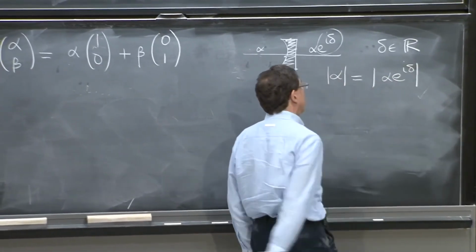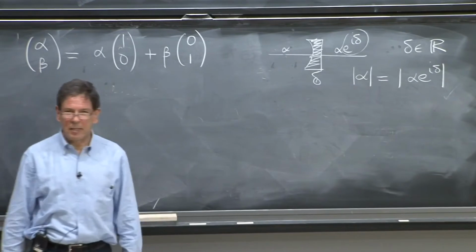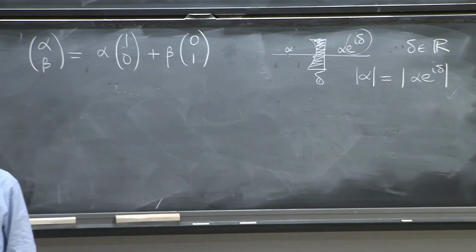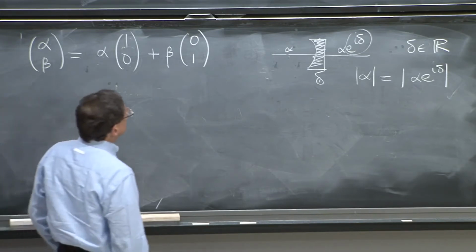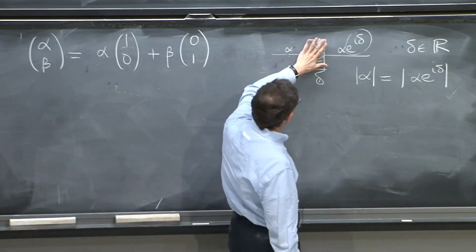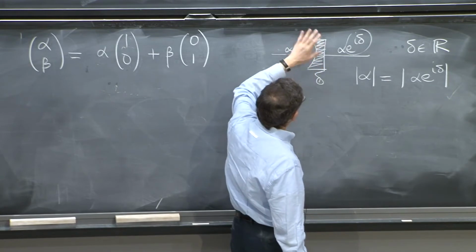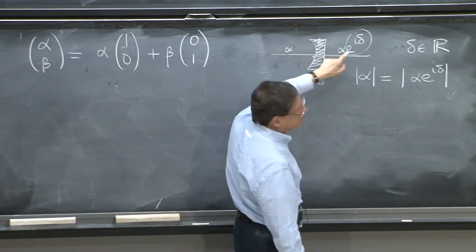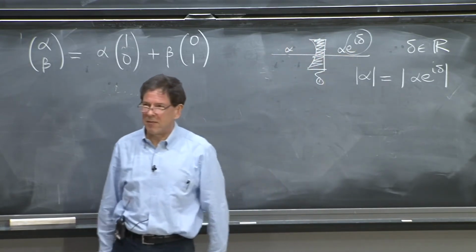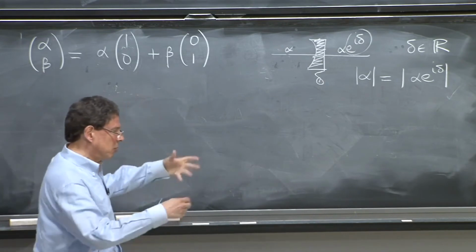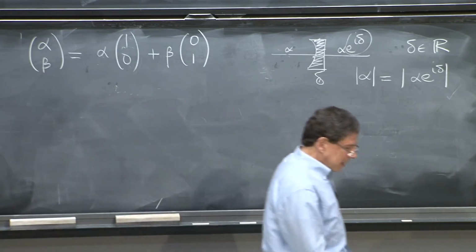The norm of a complex number doesn't change when you multiply it by a phase. The norm of a complex number times a phase is the norm of the complex number times the norm of the phase, and the norm of any phase is 1. So actually, this doesn't absorb the photon, doesn't generate more photons, preserves the probability of having a photon there, but it changes the phase.